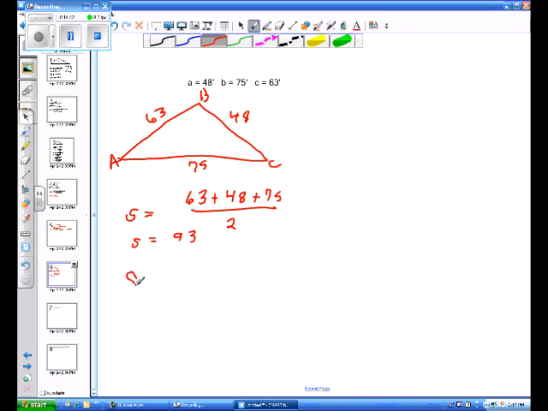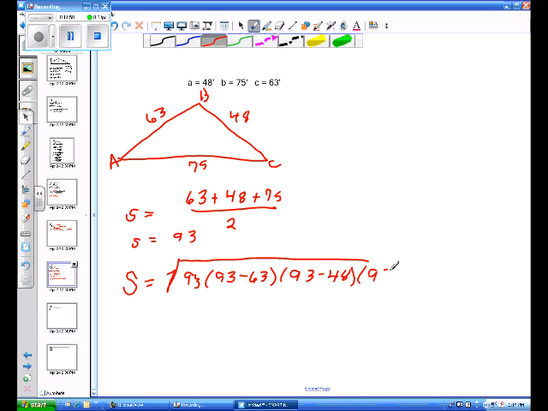So now my area is the square root of 93 times 93 minus 63, 93 minus 48, and 93 minus 75. It doesn't really matter which order you do those in.